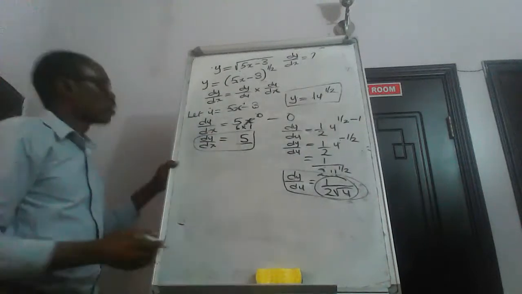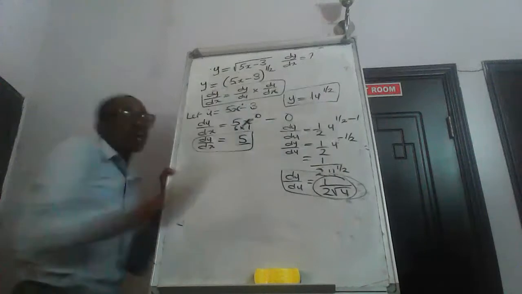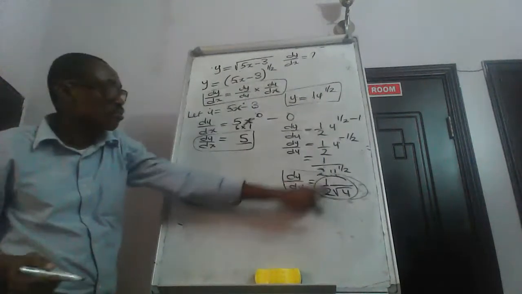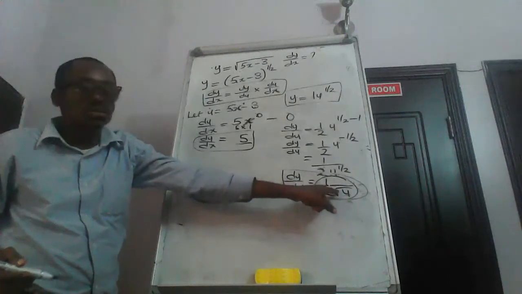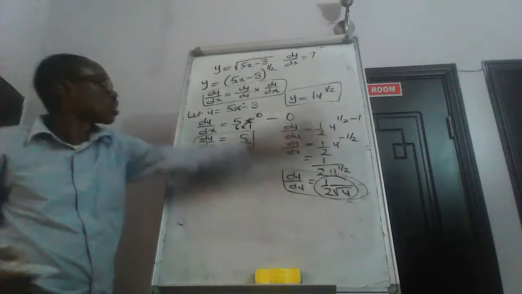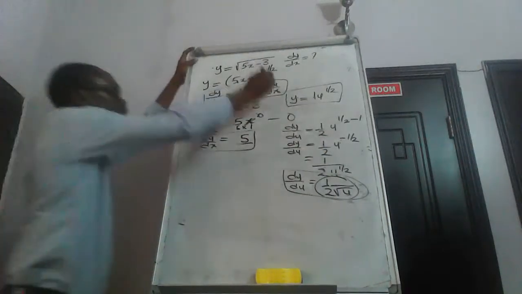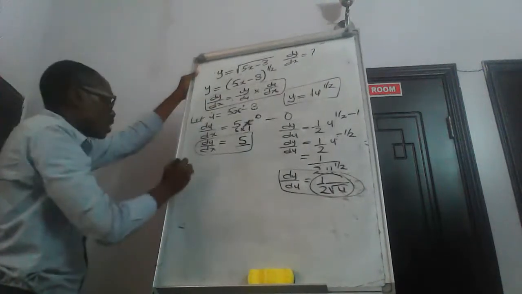So at this point now, we can bring in our chain rule. We have our dy du as 1 over 2 root u, or half square root of u, and we have our du dx as 5. So we combine everything together to get our dy dx.